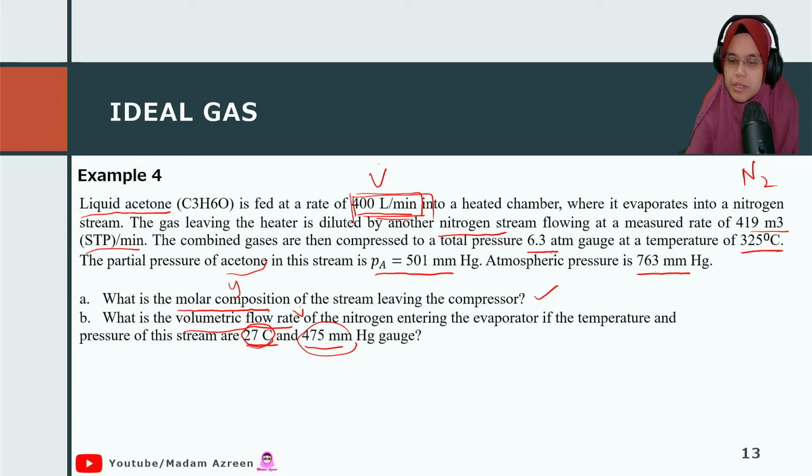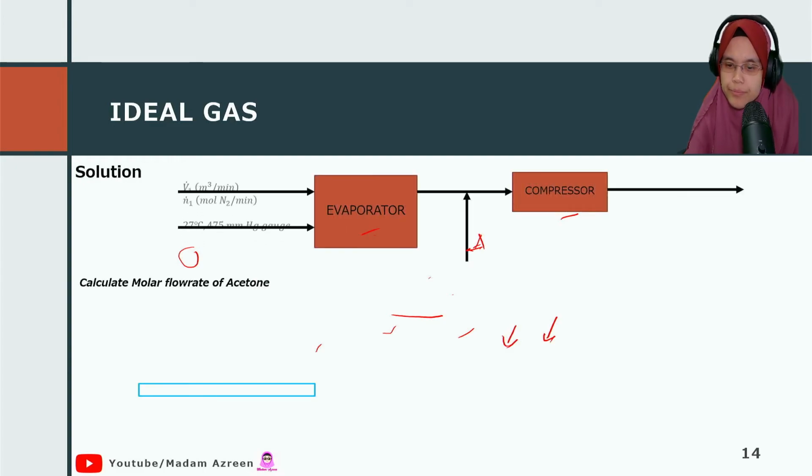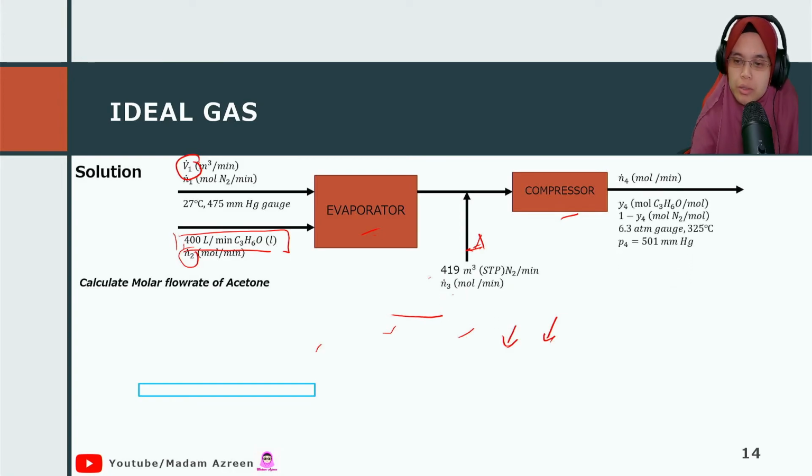Let's check it again. Yes, it is the acetone. So the question is asking us the volumetric flow rate of nitrogen, which is this one. The question wants us to find the value of this composition and this one.